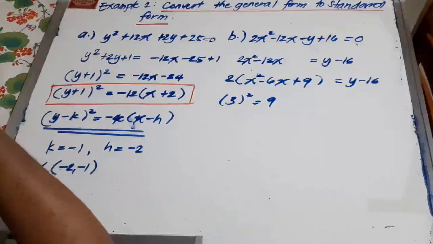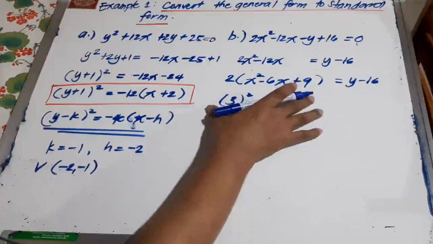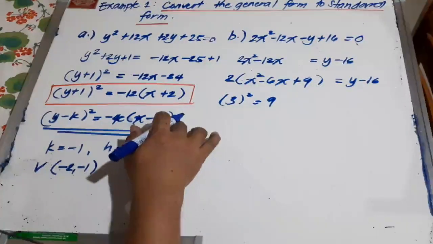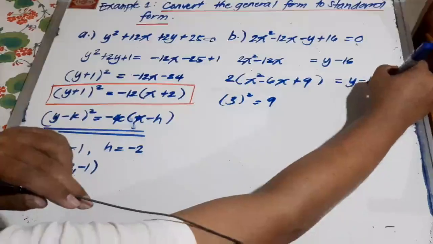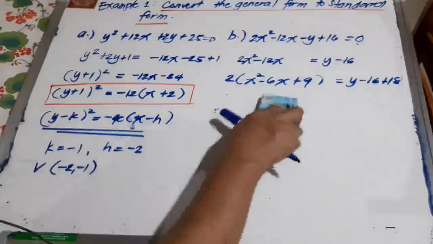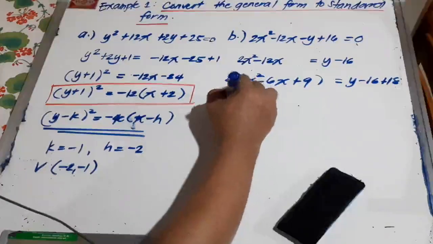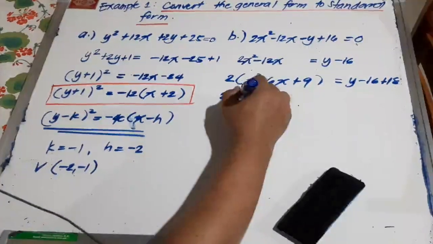And what should be, anong dinagdag ko dito? Actually, I added not only 9, but the product of 9 and 2. So, therefore, I added 18 to the left side of the equation. I should add 18 also to the right side. Okay? So, we have, ito na, a perfect square na to by the difference of two terms.